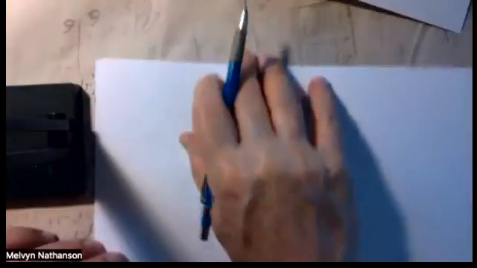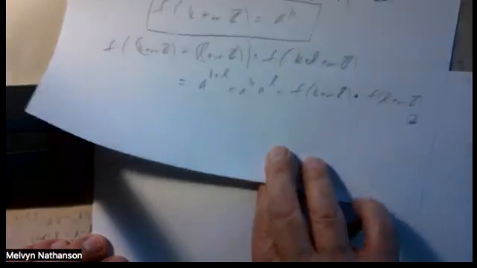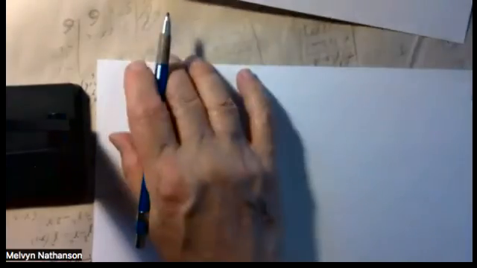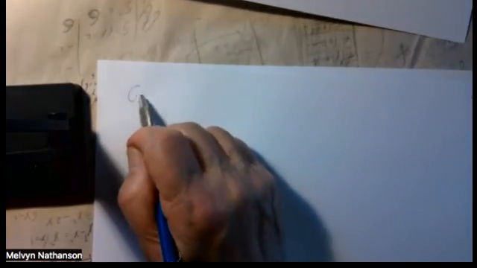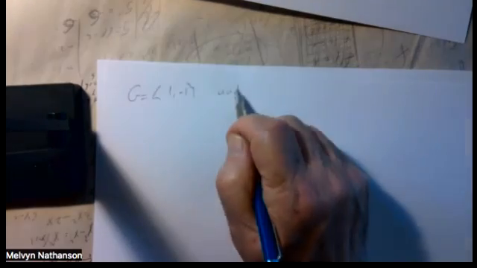What's another example of a cyclic group of order 4? So I take a cyclic group of order 2. Suppose I take G to be the numbers 1 and -1 under multiplication.